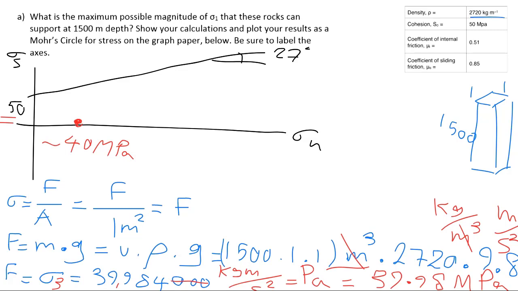How? I have my sigma 3, I have the Coulomb failure, and what I need is to fit a circle here that touches the tangent line. So you can increase to this situation, and here you are at the boundary of the stable or broken zone.